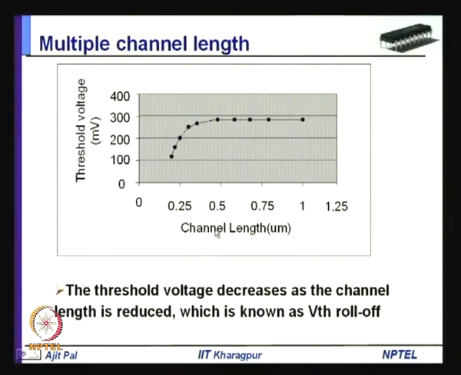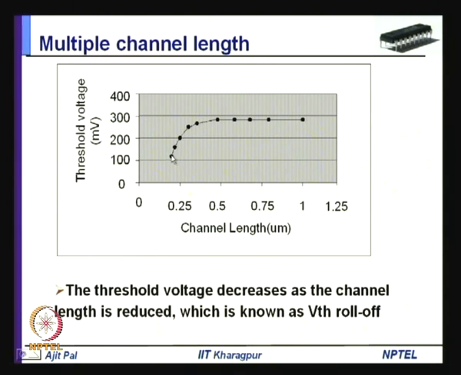As you reduce the channel length, and particularly when it is a little more than 0.25, say 0.3 or so, normally the threshold voltage is independent of the channel length. However, around this there is a kind of roll off, known as VTH roll off. The threshold voltage rolls off as you reduce the channel length.